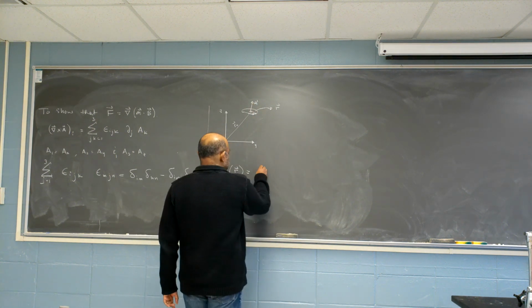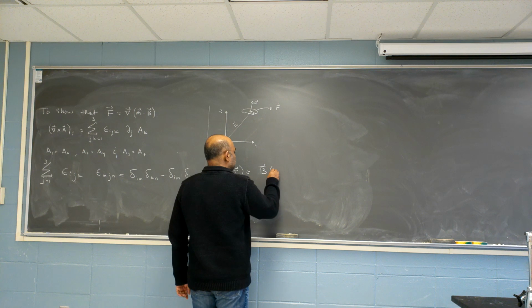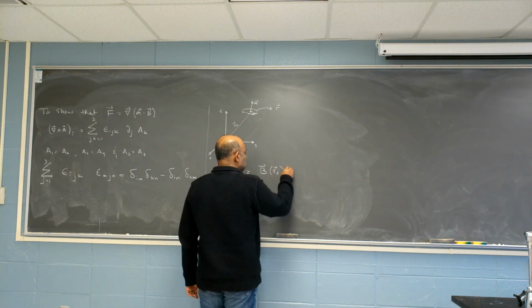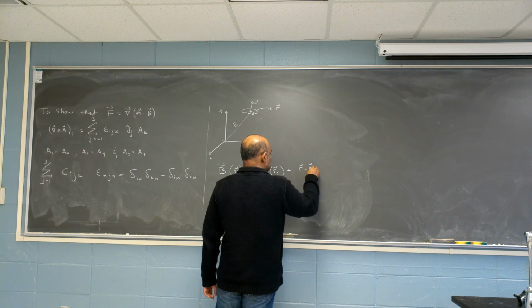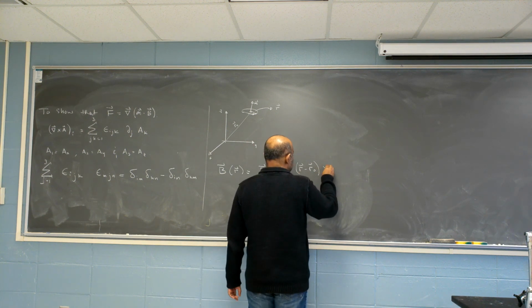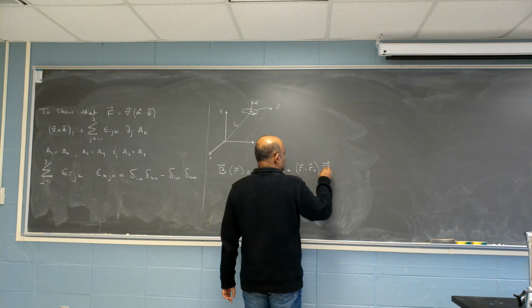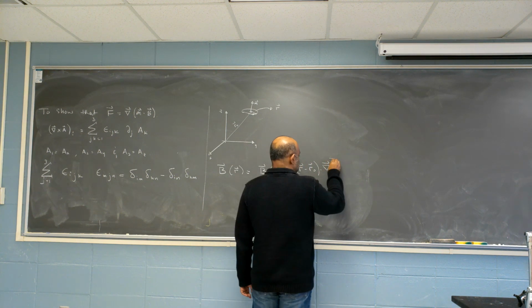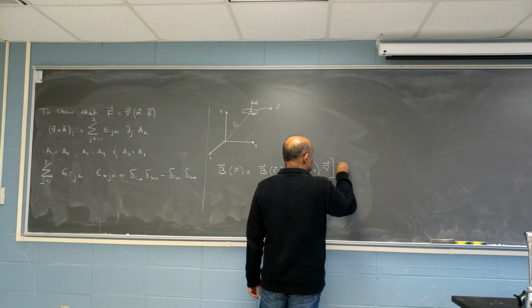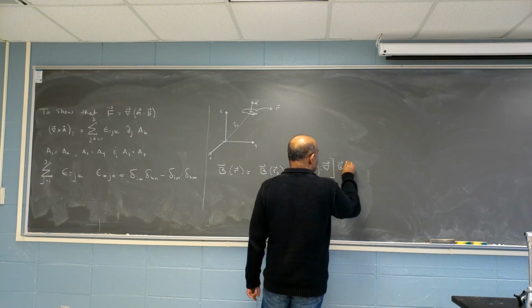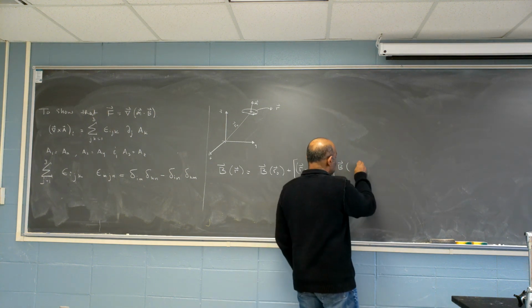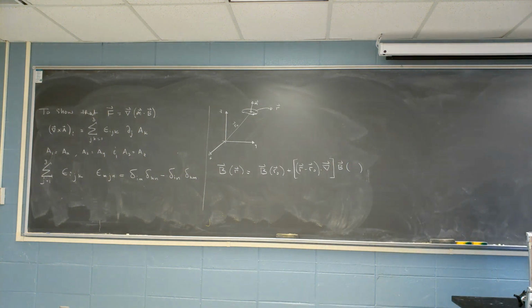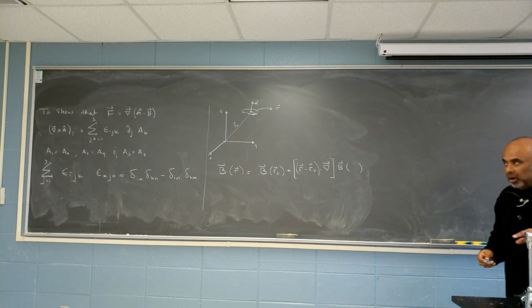So we can write this as B of R0 plus (r minus R0) dot gradient, the whole thing acting on B. This is just your Taylor expansion. You take the gradient acting on B, and this is my notation, since I didn't want to draw the long line.